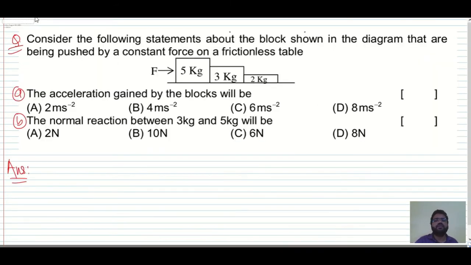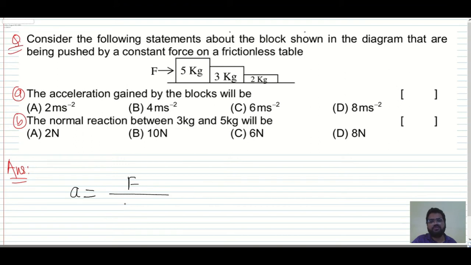Consider the following statements about the block shown in the diagram that is being pushed by a constant force on a frictionless table, the acceleration gained by the block. Whenever these types of questions are given, you have to take the acceleration as equal to the applied force F divided by the total mass in the system.